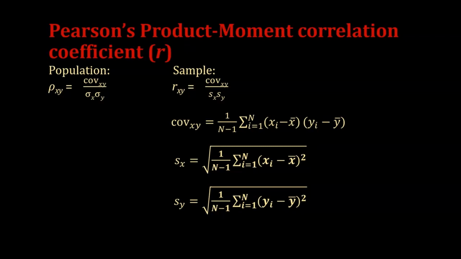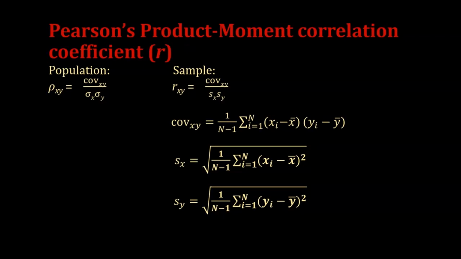What about in the sample? Same thing, except that it would be the covariance of the sample and the standard deviation of x and y in the sample. We've seen how we calculate the covariance. Now, the standard deviation of x and the standard deviation of y we also saw before.